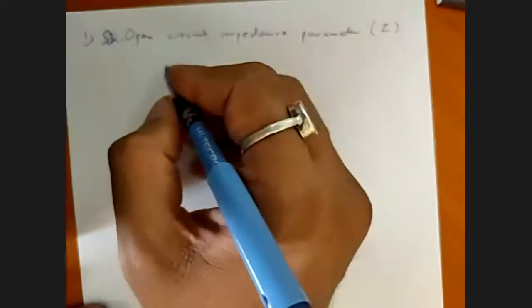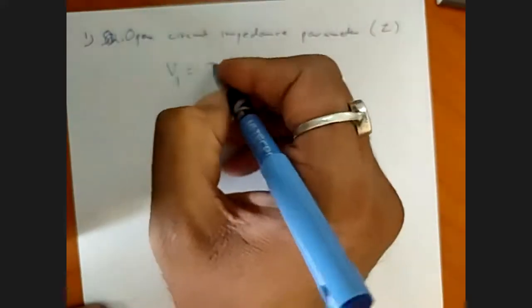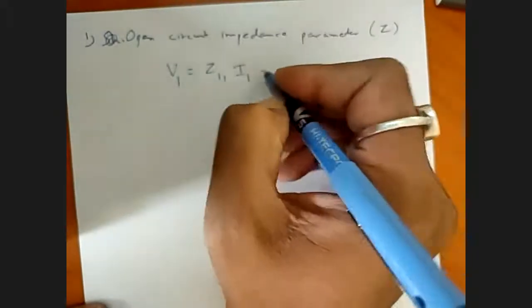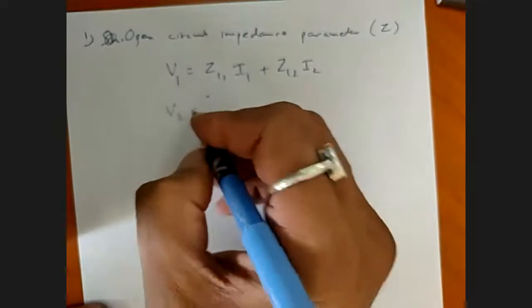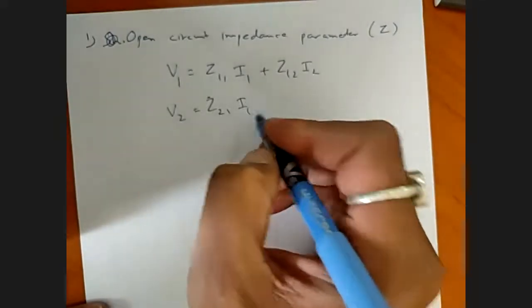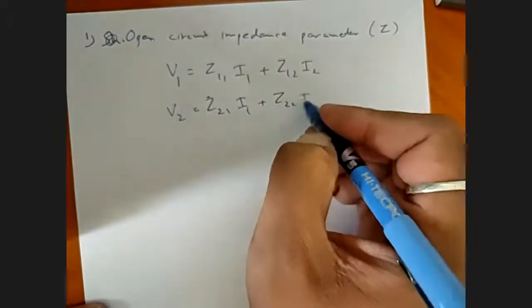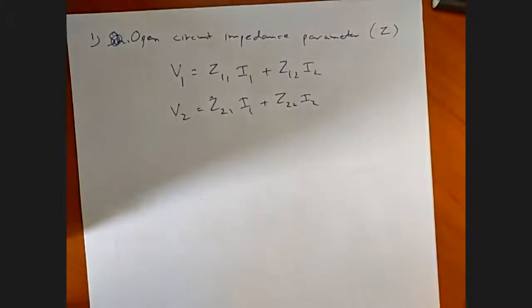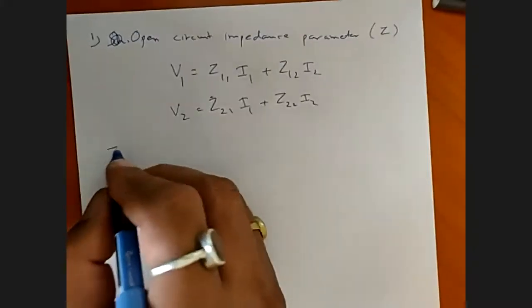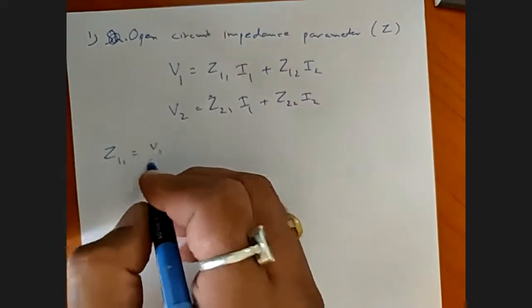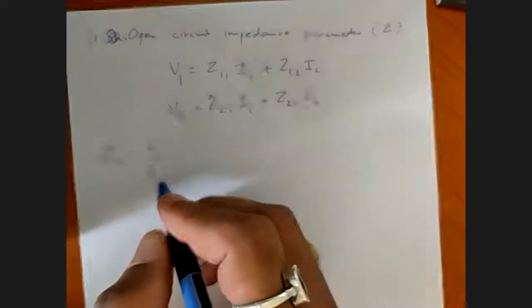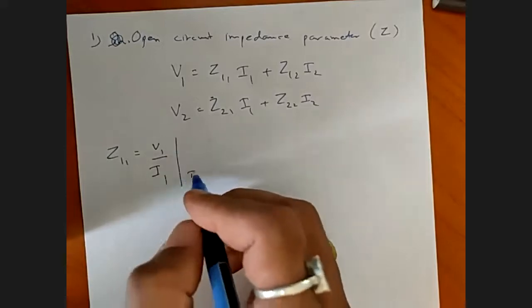Open circuit impedance parameter, Z parameter, we write the equation as V1 equal to Z11 I1 plus Z12 I2, and V2 equal to Z21 I1 plus Z22 I2. And if you remember, Z11 is V1 upon I1 when I2 is 0.